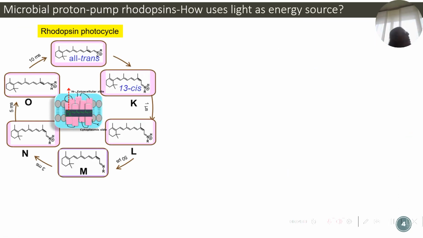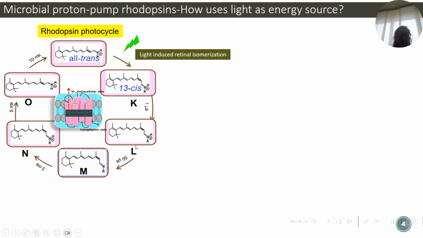Okay, so the next question is, how do these rhodopsins act as proton pumps, and how do they use light as their energy source? For that purpose, first we need to take a look at the rhodopsin photocycle. Upon absorption of light, this all-trans retinal isomerizes to 13-cis, and then following several photo intermediates, it reisomerizes to all-trans again.